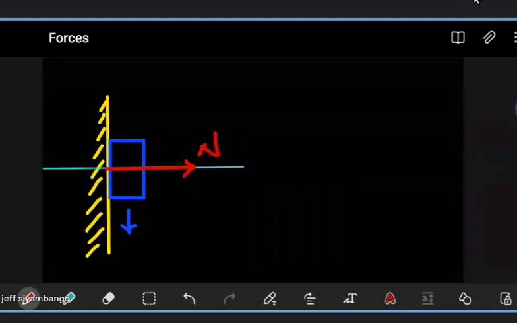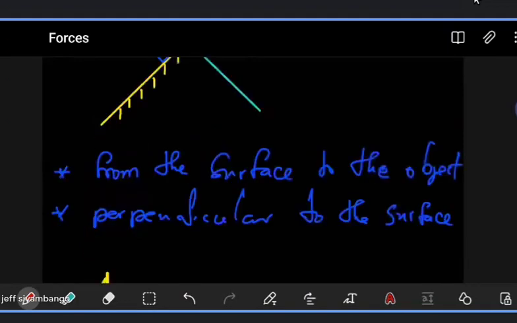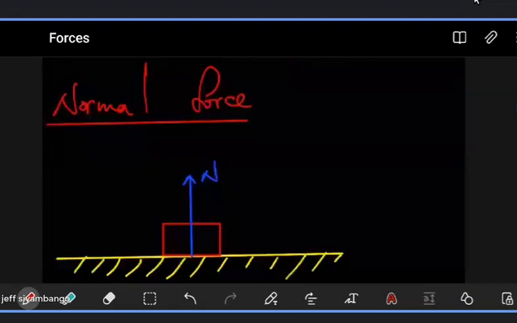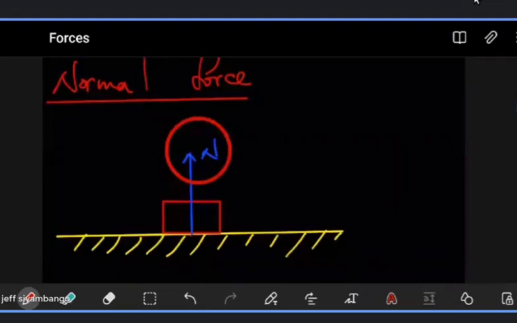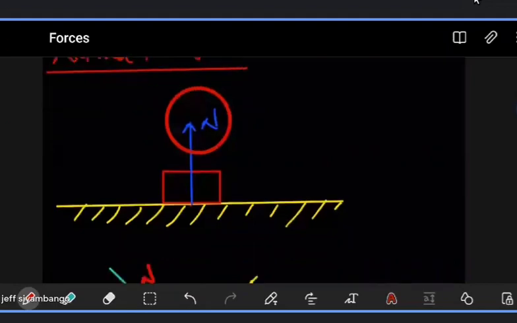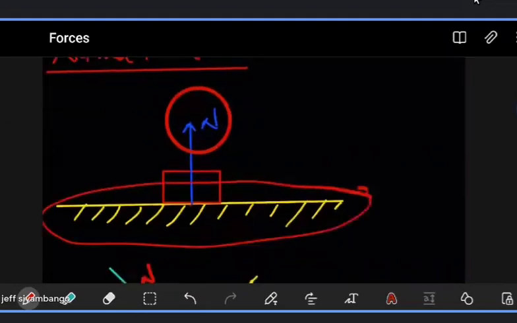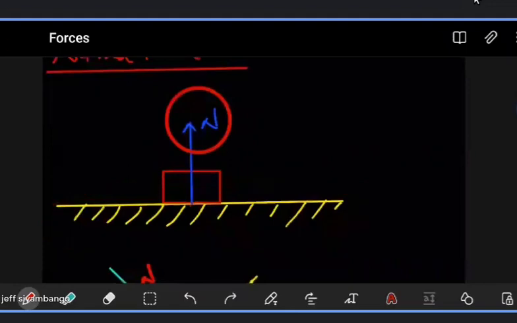Now, I want you guys to observe one thing here. A common mistake that students make is thinking that the normal force will always be perpendicular, as in it will always point upwards. Students will want to think that the normal force will always point upwards, which is not true, because you've seen the direction of the normal depends on how the surface is. If the surface is horizontal, the normal will be perpendicular and it will point up.